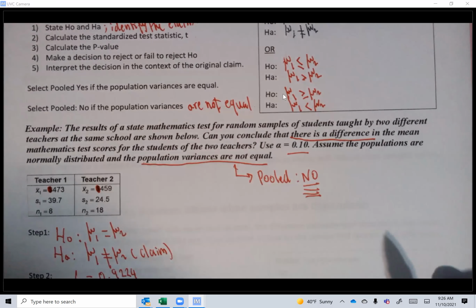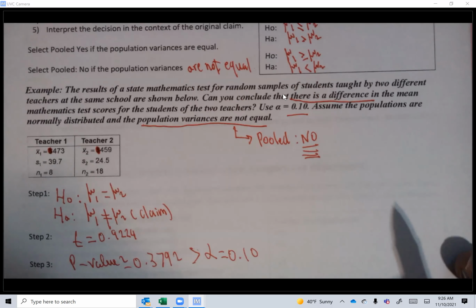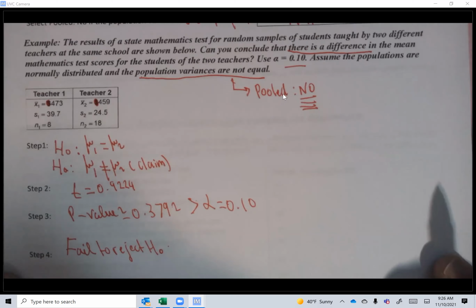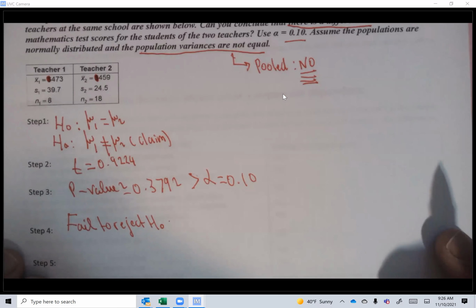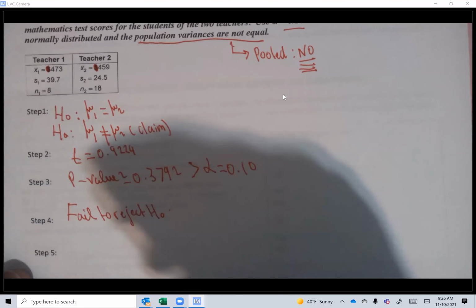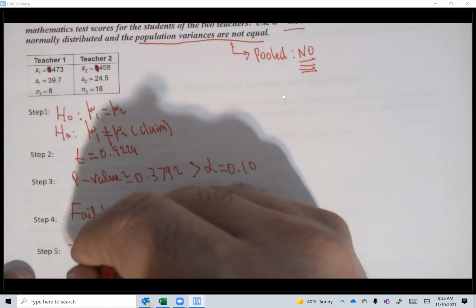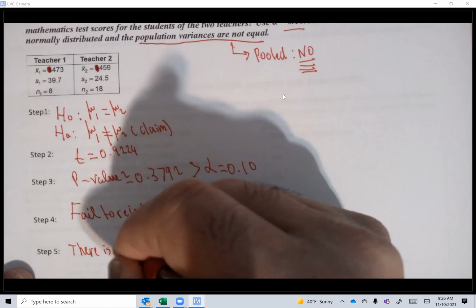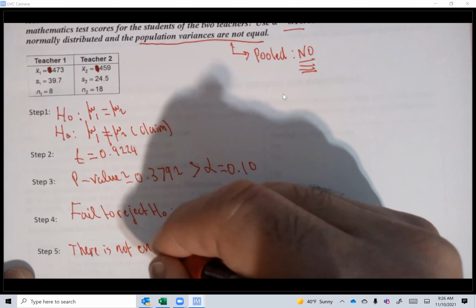Would the students tell me what's the conclusion? How do we write the conclusion here? There's no evidence at the 0.1 level of significance to support the claim. Thank you. That's it. Not difficult.